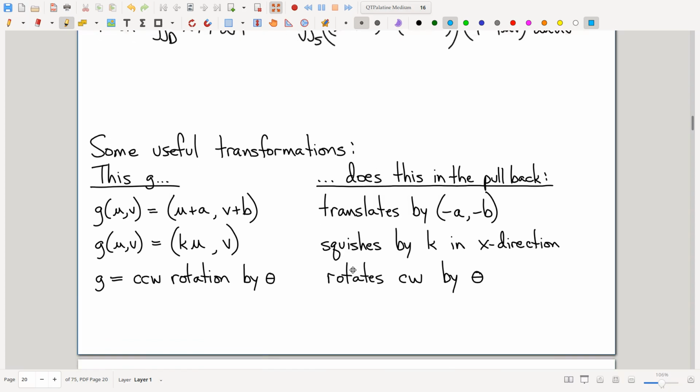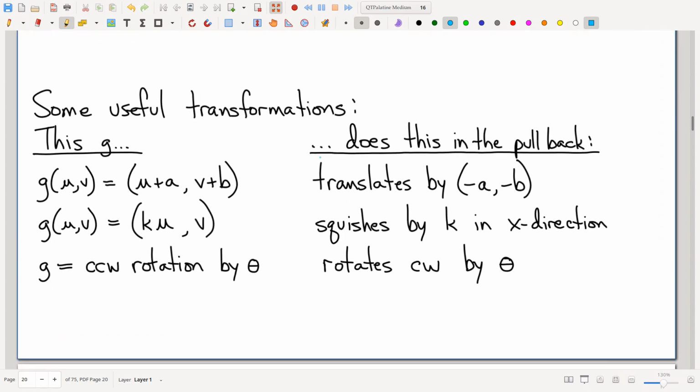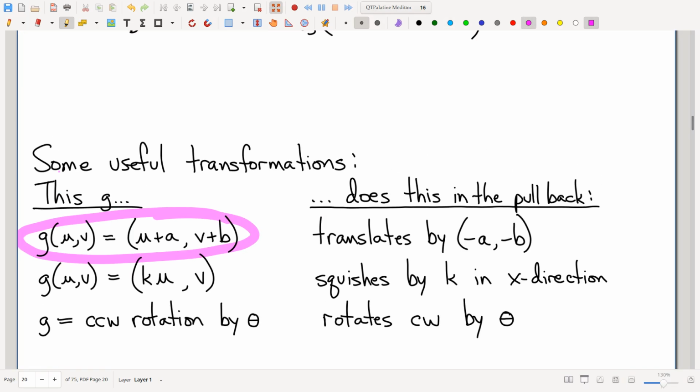All right, now before we move it along, there are some change of variables functions that are particularly convenient. This translation is particularly convenient. Comes up, and note specifically what that is.